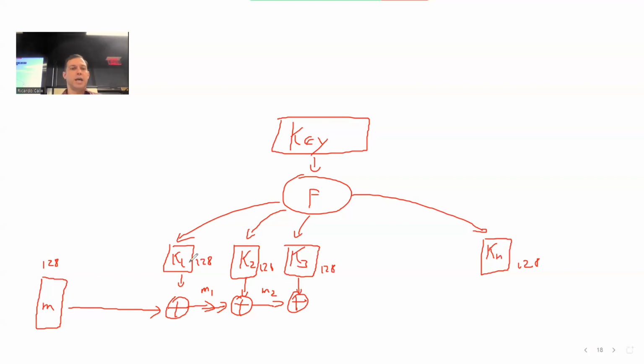So you take K1 and M, and it produces M1, the XORing operation. This is a key expanded from this original key, which should be as random as possible. And then M1 XORed with K2 produces M2. And then here, this would be M3, right? And let's just say it goes all the way over here to the final XOR operation. And then this one is what I'm going to say is the cipher, the final one.